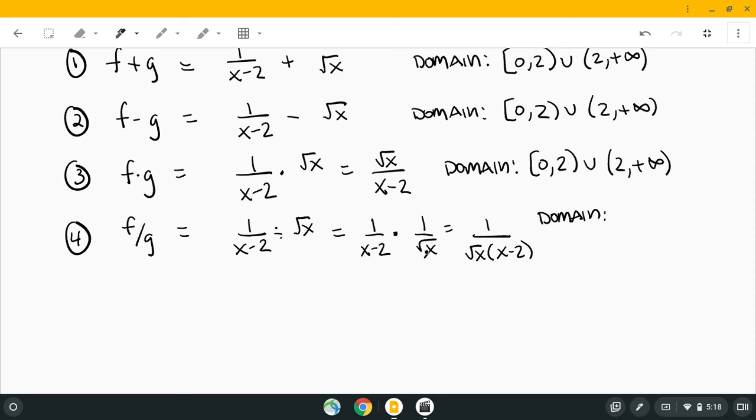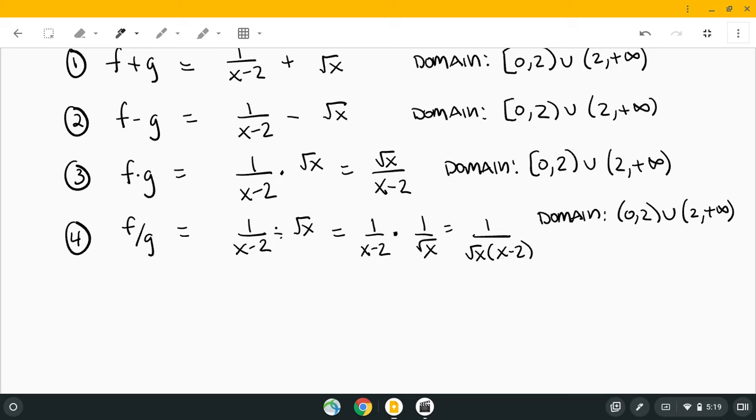But we also have to exclude 0. So here we see we have a bracket on 0, right? But now we cannot have the bracket on 0 because if x equals 0, we get undefined right here. So we're going to go ahead and use a parenthesis instead. So 0, 2, union 2 to positive infinity.